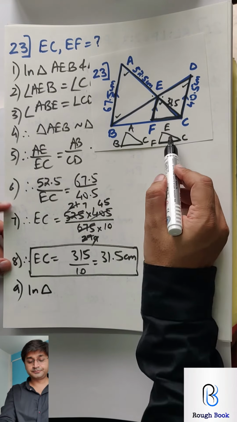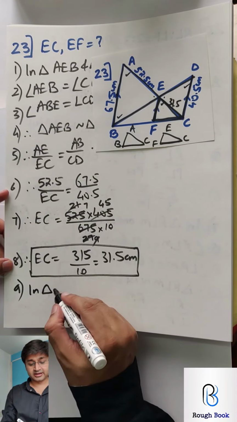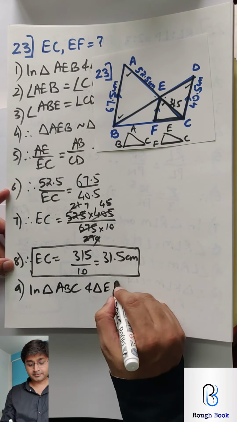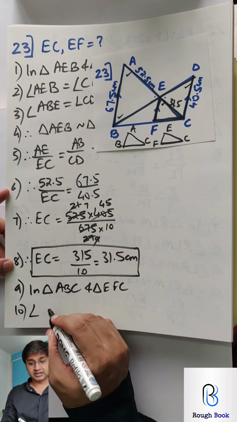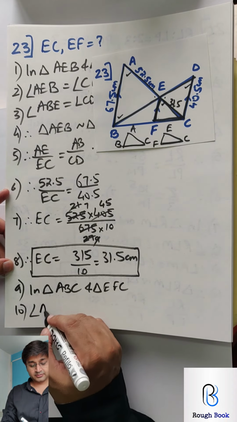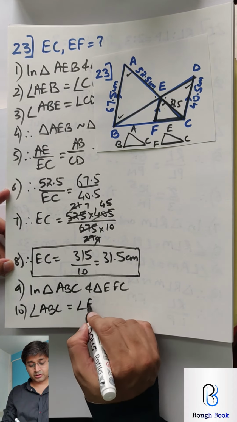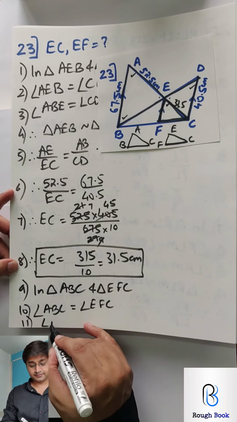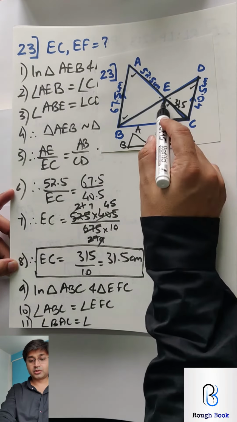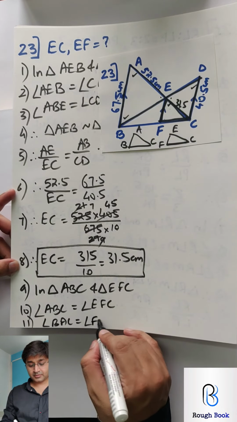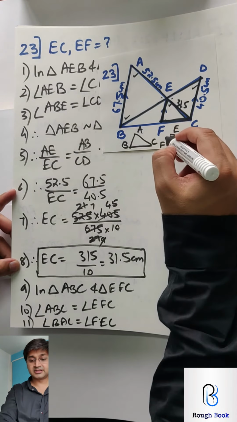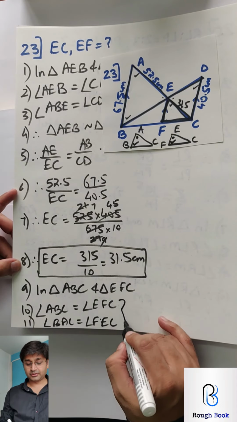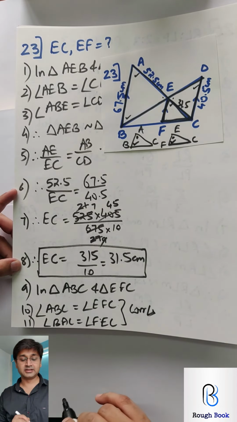So in triangle, first I am stating the bigger triangle ABC and triangle EFC. The first angle that is equal is angle ABC equals angle EFC, and the other angle I can say angle BAC equals angle FEC. What I have done is this equals this and this equals this, because both are corresponding angles.